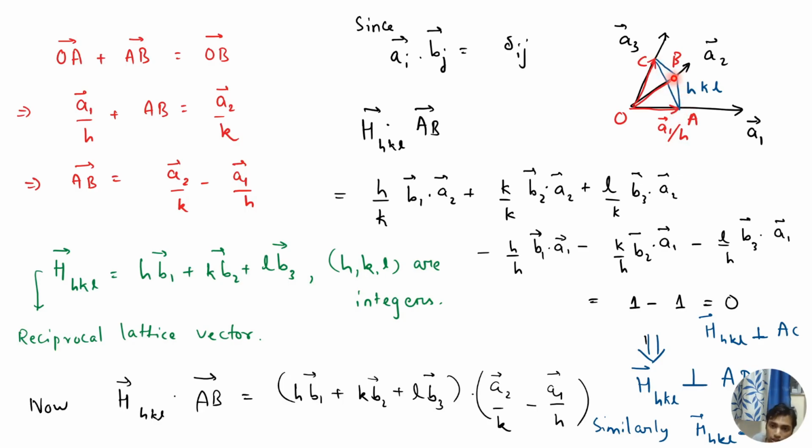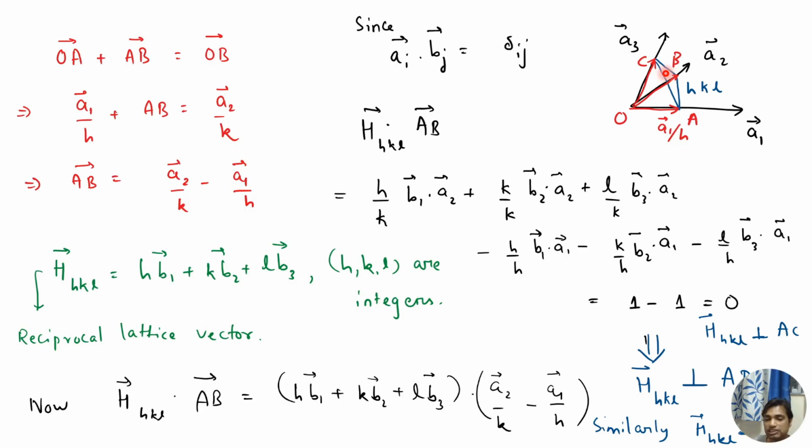Now since h of hkl is perpendicular to all these lines, and these lines are in that Miller plane, h of hkl has to be perpendicular to this plane as well.